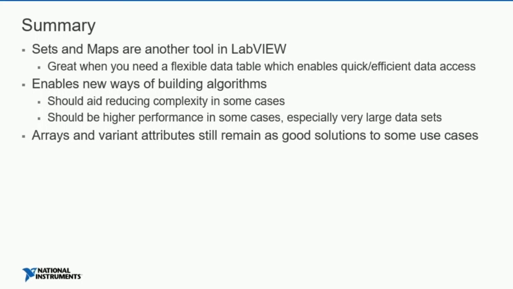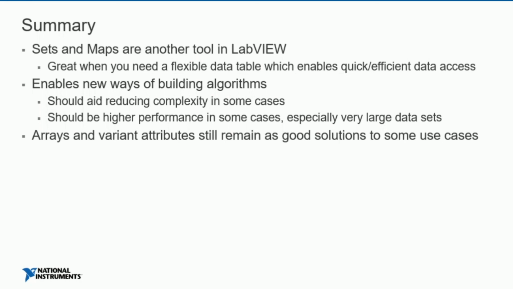They enable a lot of new ways of building algorithms, things like the decision tree and a few other bits and pieces, like the, I can't remember the name of the function now, mine's gone blank, where you join two sets together, basically, and get all of the iterations.